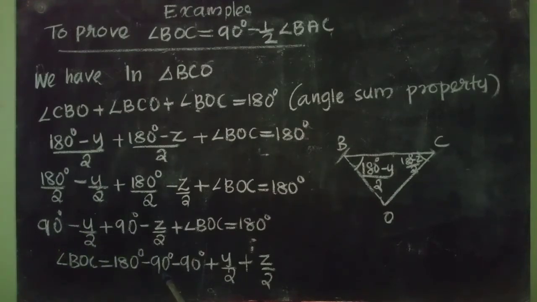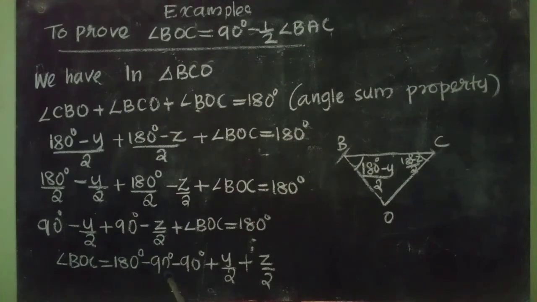It became minus 90 degree. This plus 90 degree also became minus 90 degree. This minus y by 2 became plus y by 2. This minus z by 2 became plus z by 2. Now you can see this is positive 180 degree.